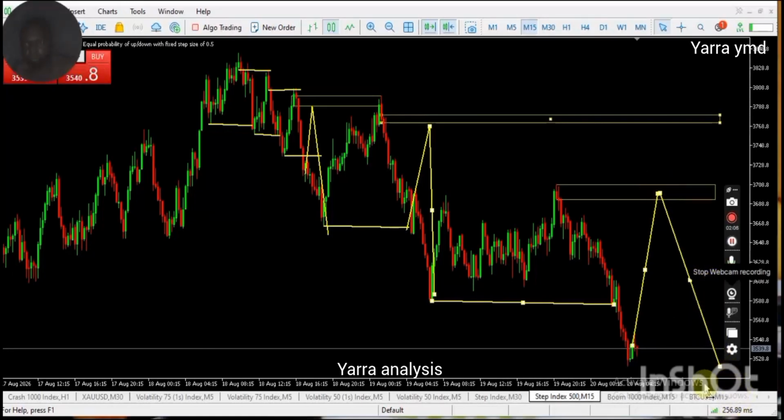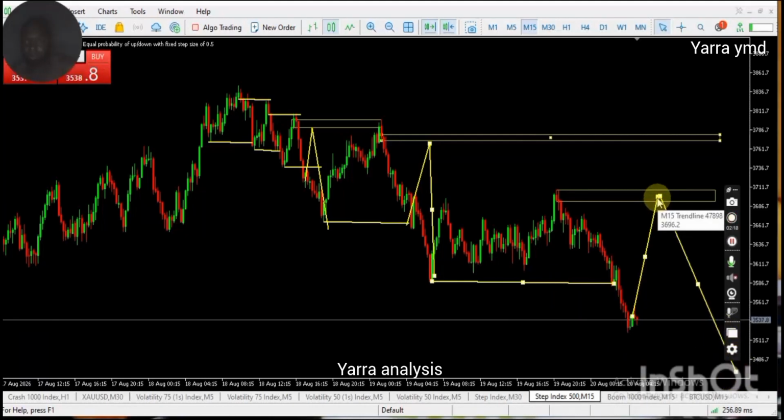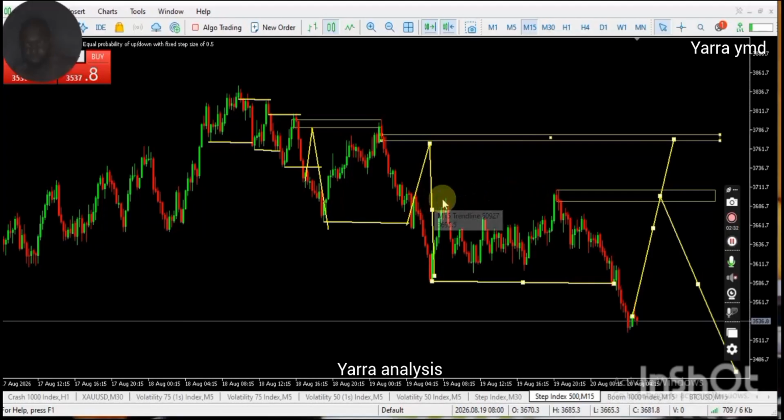Then if we see confirmation, because now we have two zones, we'll enter for a sell. But we did not see confirmation. There's no entry. So my expectation now, the market can either come down to that place or go back to the first magnet zone that the market did not come back to. So the market can do either of the two now.